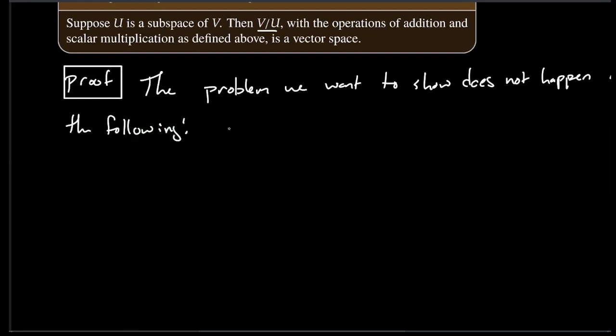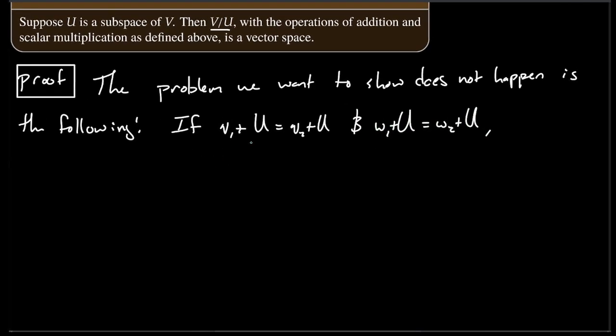If v1 plus u is equal to v2 plus u, and w1 plus u is equal to w2 plus u, then could we get the following?